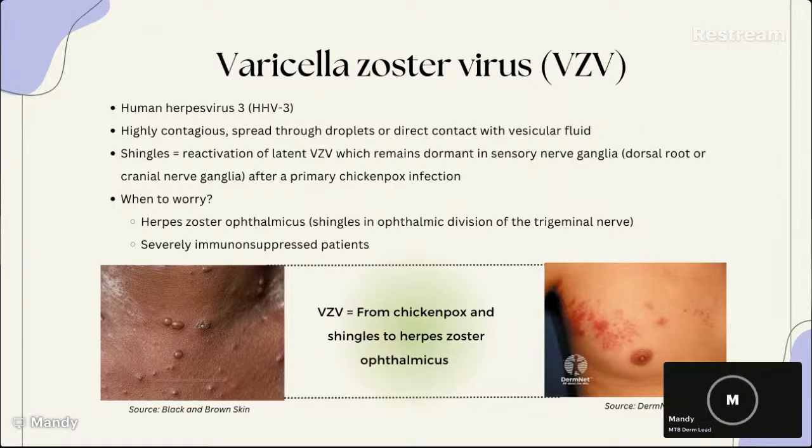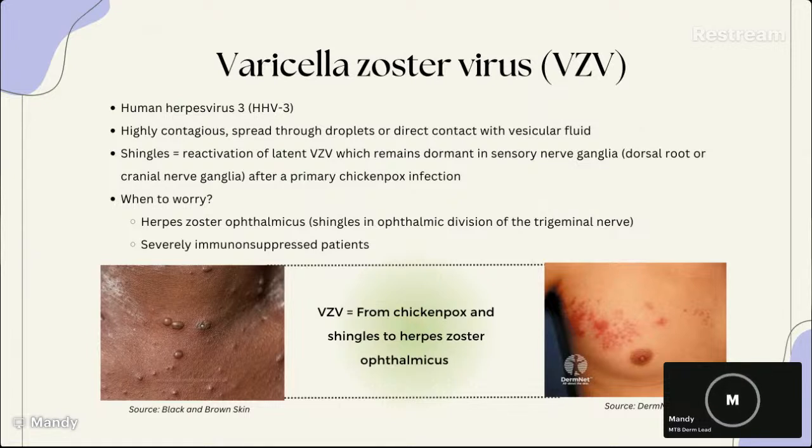When we have chickenpox or shingles, some patients can systemically be okay and not be unwell. But there are times where we need to worry, such as herpes zoster ophthalmicus. This would be what we saw in question 4, the lady with the shingles affecting the CNV1 ophthalmic division of the trigeminal nerve.